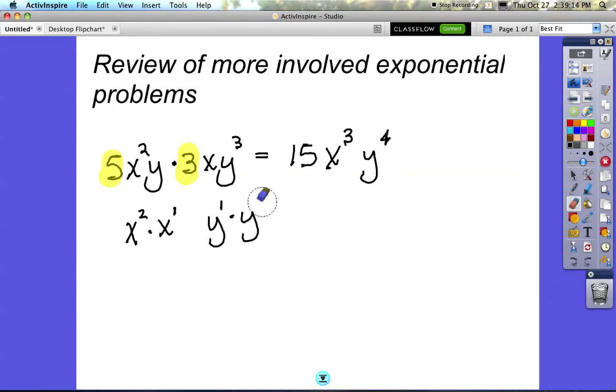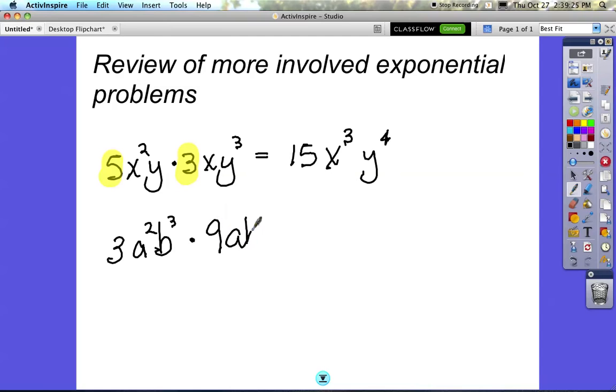Okay, so let me give you one to work. Pause the video and work that one for me. That's 3a squared b cubed times 9ab squared.